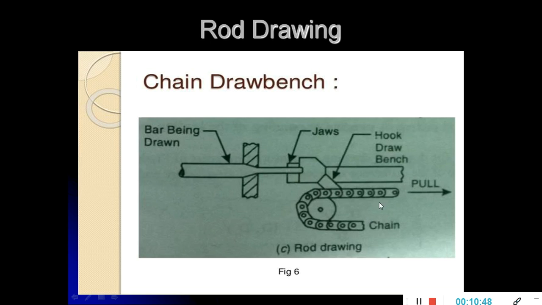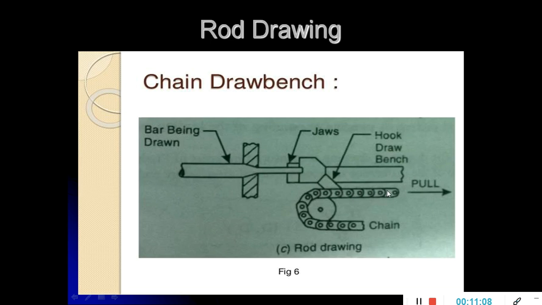Once it is locked here, the motion is given to the chain drive. The chain drive rotates due to the locking of this hook draw bench to the chain drive.